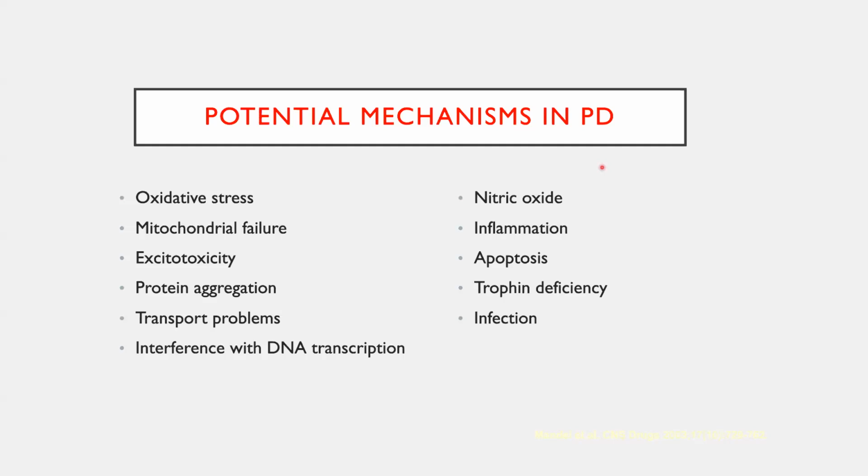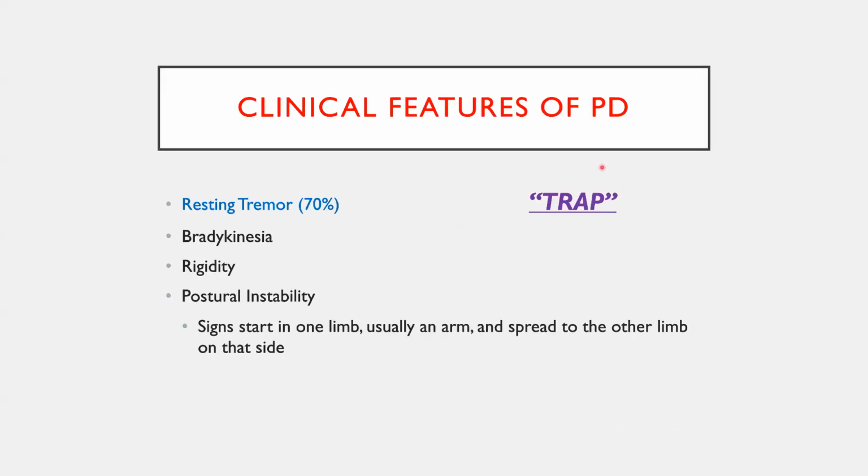So similar slide, that is oxidative stress, mitochondrial failure, excitotoxicity secondary to glutamatergic neurons, protein aggregation, transport problems, DNA transcription problems, and inflammatory markers like nitric oxide excess, apoptosis, and infection. So already we discussed the typical Parkinson symptoms, that is TRAP, tremors, bradykinesia, rigidity, or akinesia associated with postural instability.